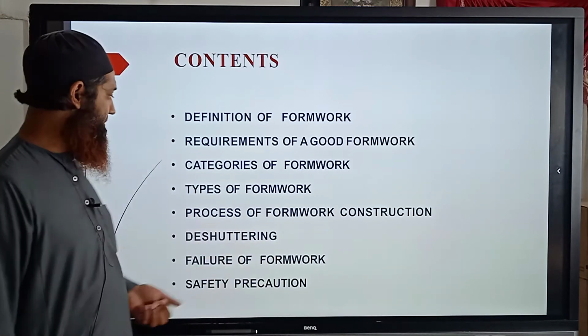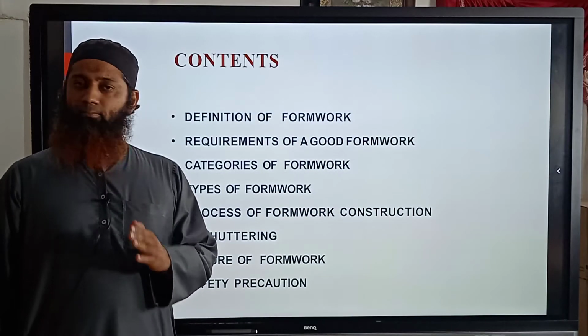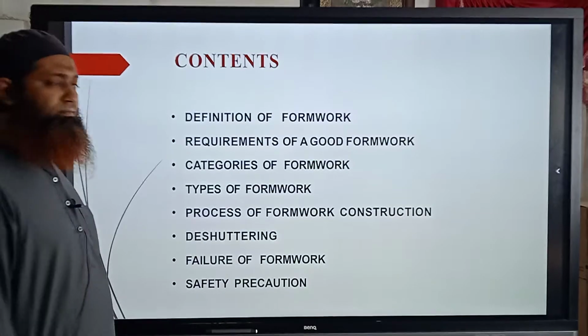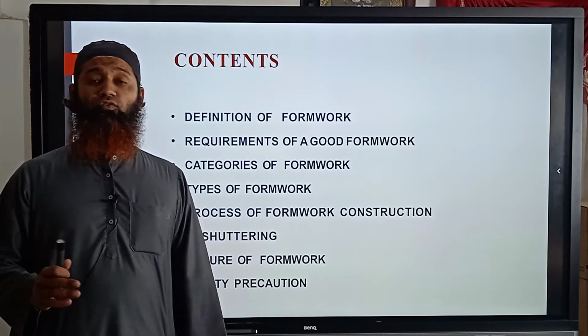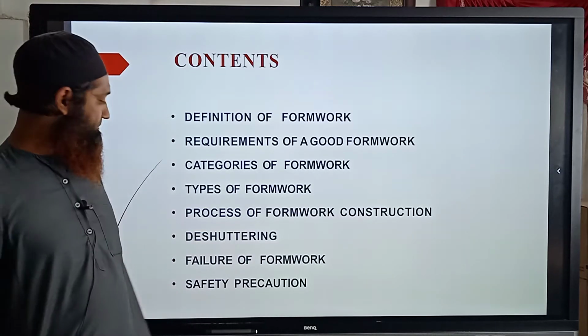And the process of formwork construction, how it should be erected part by part in different steps. Deshuttering: basically deshuttering is the process where we remove the formwork. The removal of the formwork is also very essential and important.